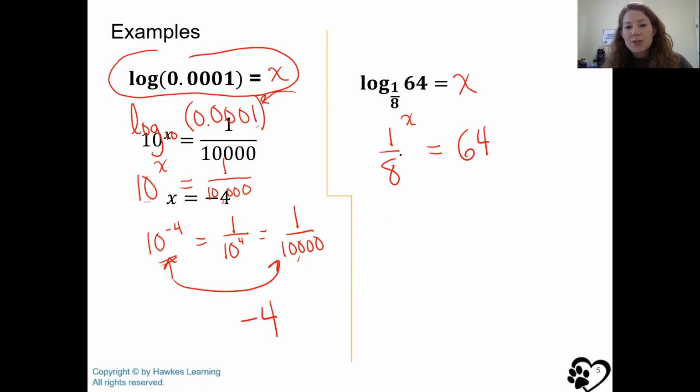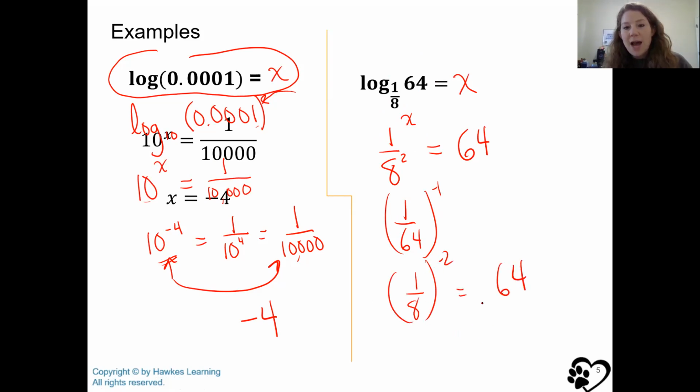Well, if I put a 2 right here, I would get 1/64. So how would I make this thing flip? Wouldn't I do basically 1/8 to the -2? And that would give me +64. So this would equal -2. This one was -4.